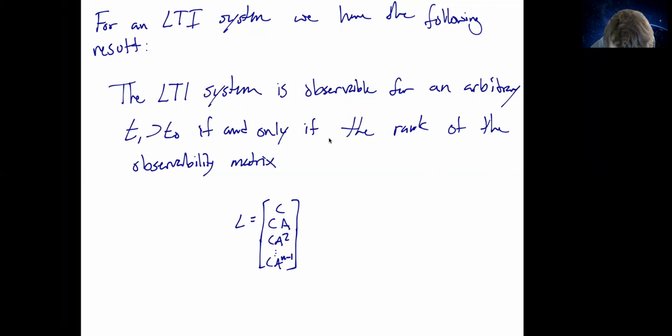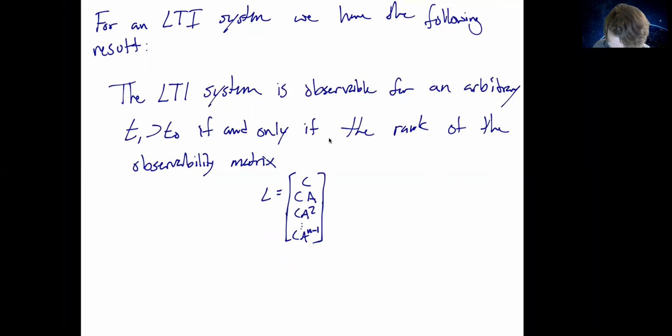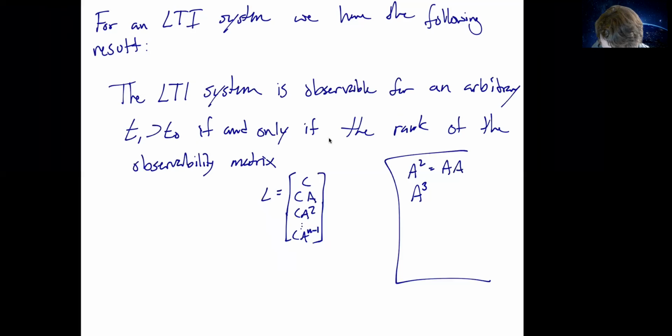Let me put a comment over here on the side, where again, A squared is equal to A times A, and A cubed is equal to A times A times A. So if this L matrix has full rank, then we know that our LTI system is observable.